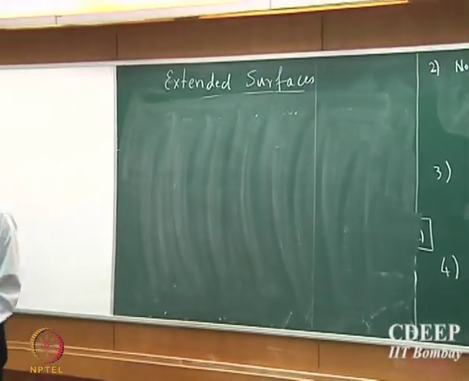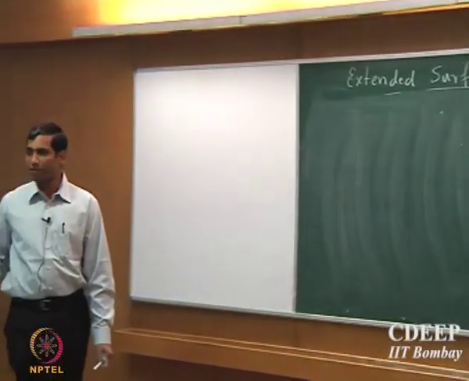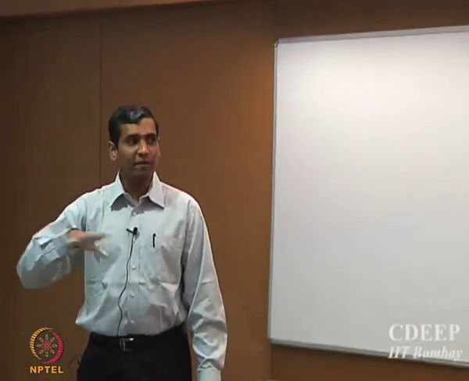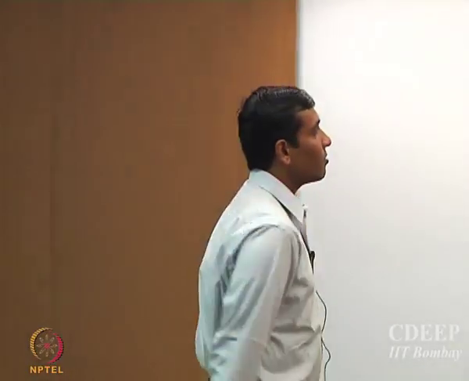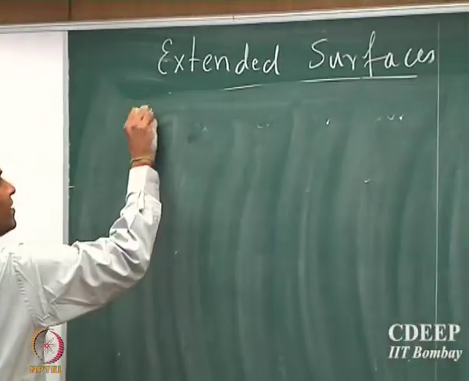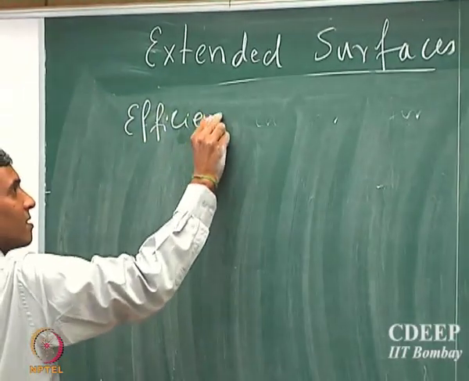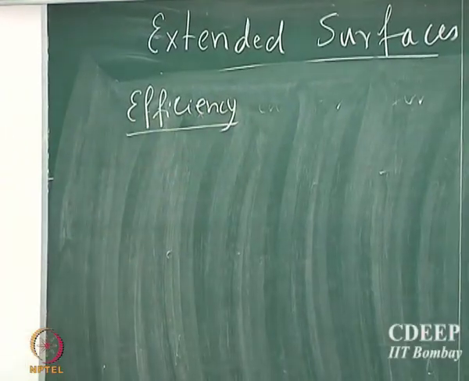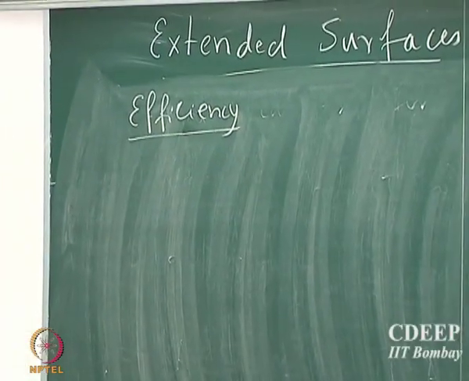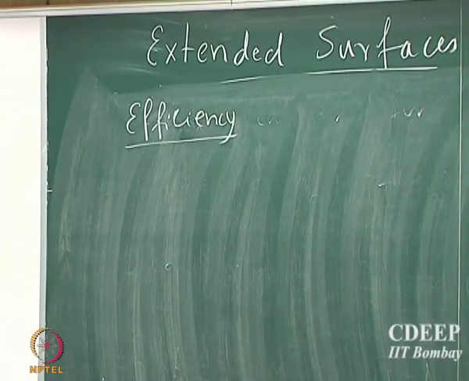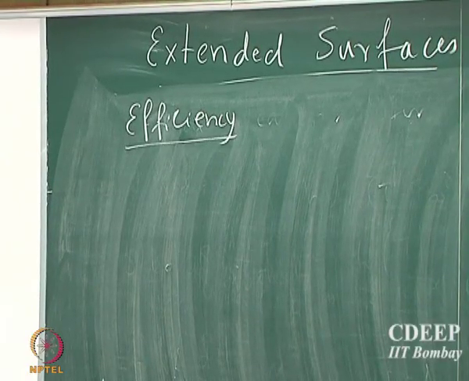So there is another definition and some expression for the definition. With that we will finish today's lecture. What is called the efficiency. Note that we said the purpose of a fin is basically to enhance the heat transfer rate.